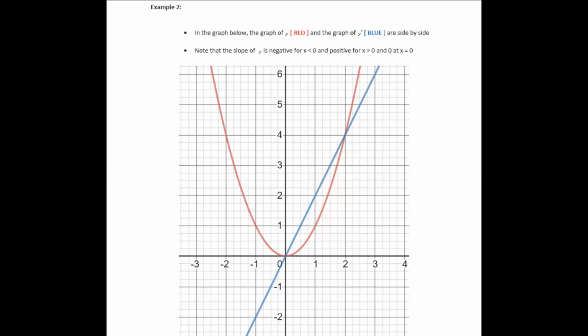Say y equals 3x squared plus 2x and graph it in your calculator. And then, what's the derivative of 3x squared plus 2x? It's 6x plus 2. So graph that and see if it doesn't match up with what we've said here.